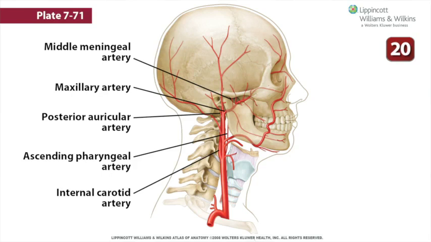The posterior is an indirect branch of the posterior auricular artery that enters through the posterior wall of the cavity, and the inferior branches from the ascending pharyngeal artery and enters the cavity through the floor. Additionally, the internal carotid artery delivers caroticotympanic arteries to the cavity.